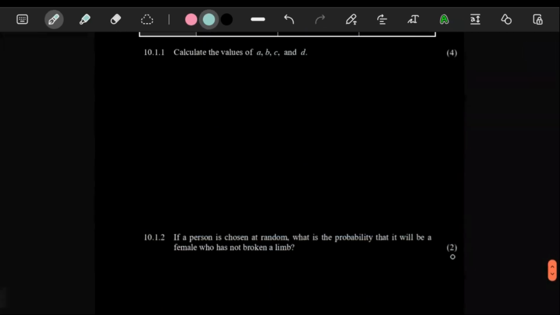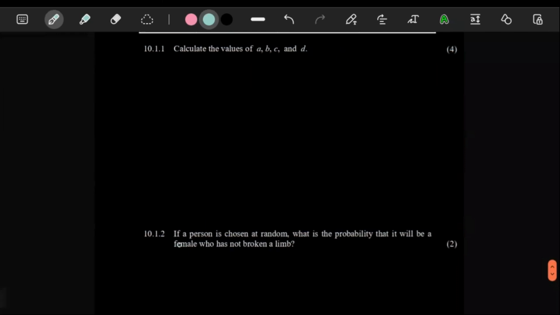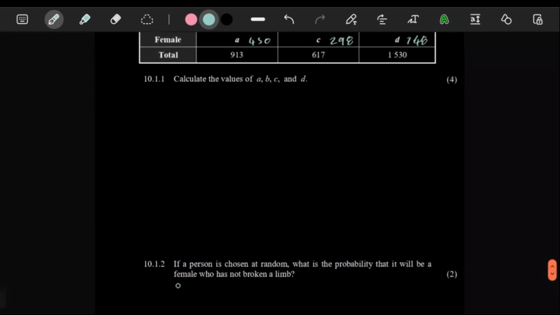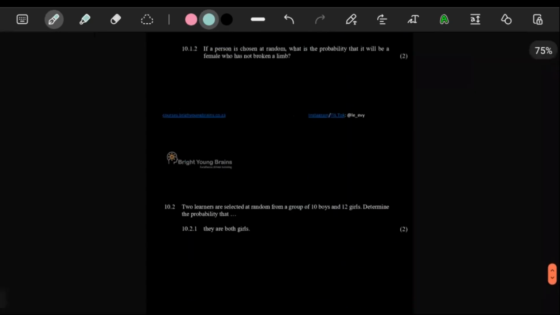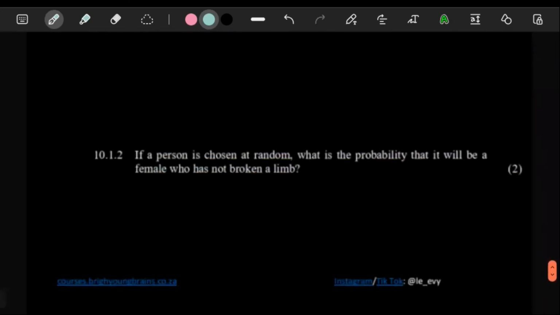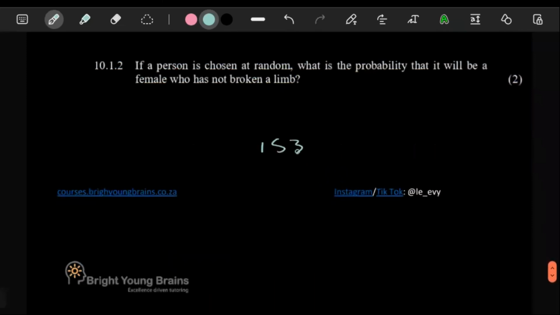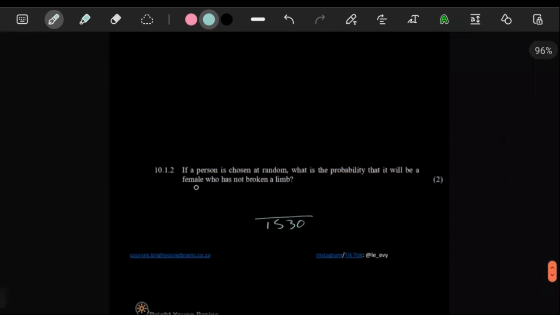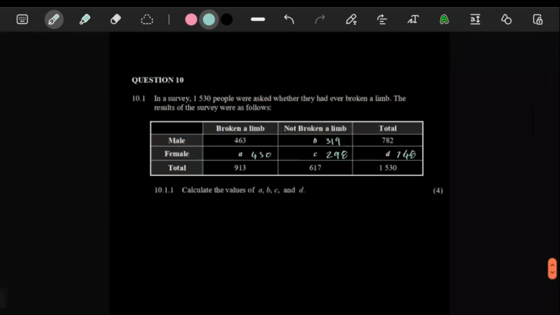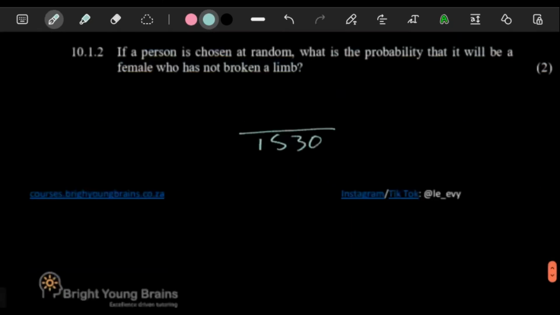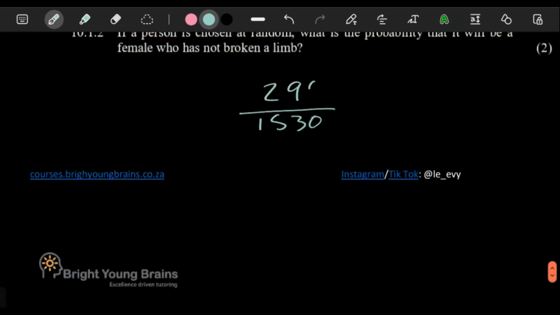Moving on here, it says, in this 2-mark question, if a person is chosen at random, what is the probability that there will be a female who has a broken limb? The one thing we want to keep in mind is in total, there's 1,530 people. So all we need now is to find out the number of females that do not have a broken limb. It's 298. So we put 298 at the top there.